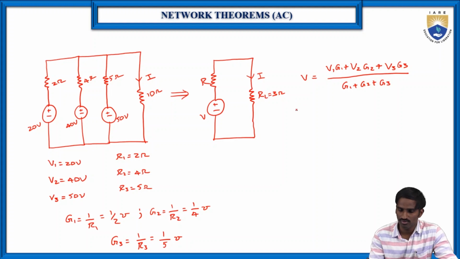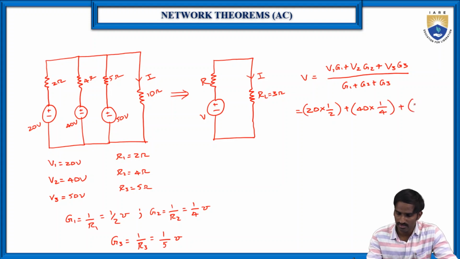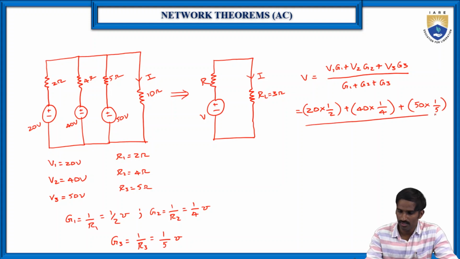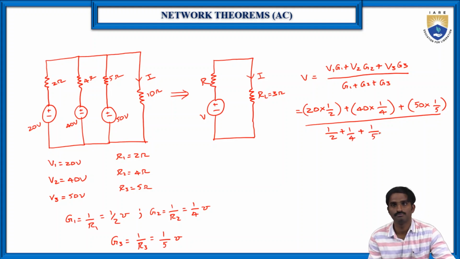V1 is 20, so 20 into G1, which is 1 by 2, plus V2 is 40 into G2, which is 1 by 4, plus V3 is 50 into G3, which is 1 by 5, divided by 1 by 2 plus 1 by 4 plus 1 by 5.